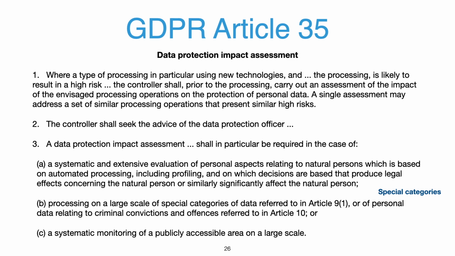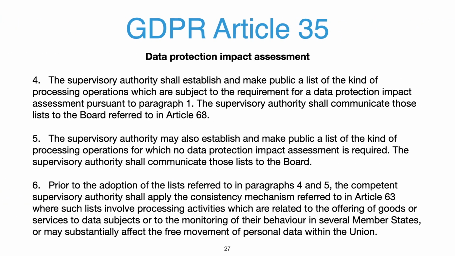Tracking cars using number plate readers, or even something like using the RFID chips in student ID cards as a way of monitoring attendance. Anything that's systematic in a publicly accessible area and on a large scale will trigger the requirement for a data protection impact assessment.